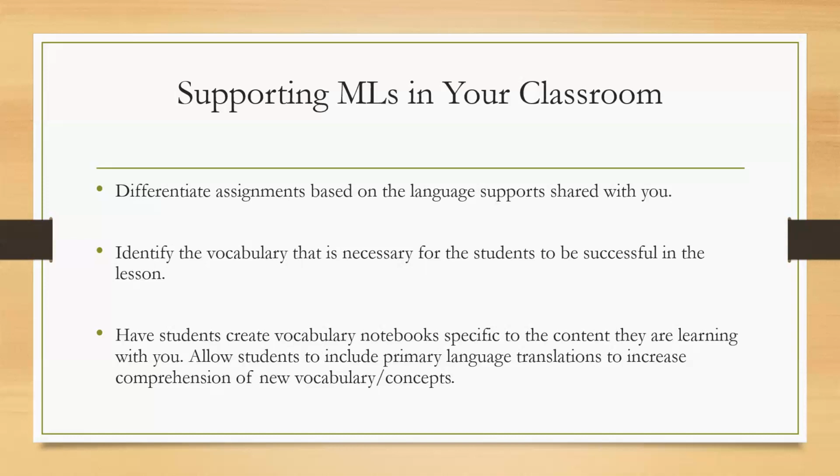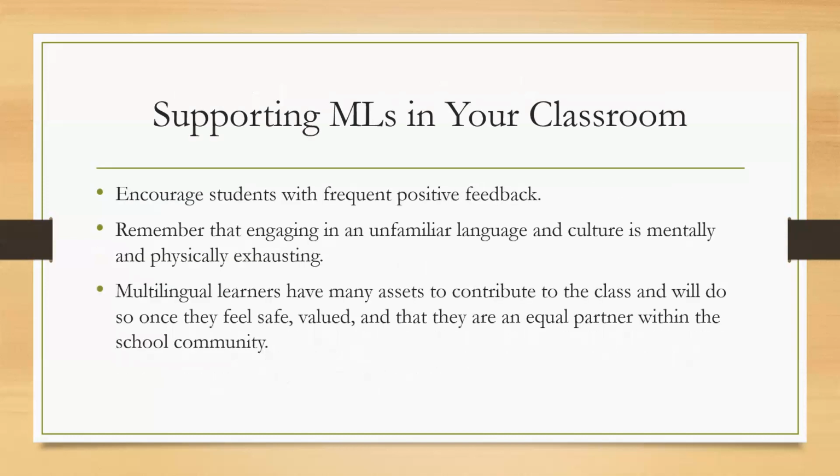If the student is able to write in their primary language, he or she could write their explanation in their primary language. It's also helpful to have students create vocabulary notebooks specific to the content they are learning with you. Allow students to include primary language translations in that vocabulary notebook to increase comprehension of new vocabulary and concepts.